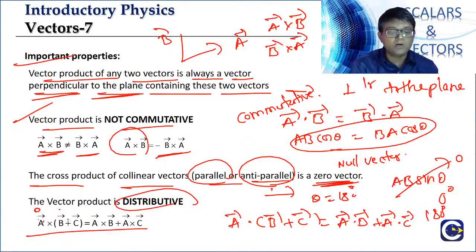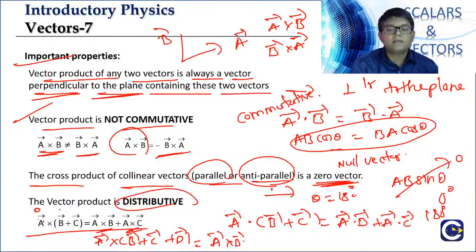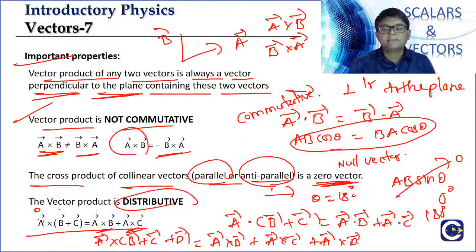So it is going to be A cross B plus A cross C. As an example, if you have A cross (B plus C plus D), it will be A cross B plus A cross C plus A cross D. Dot product and cross product, both of them satisfy the distributive law.